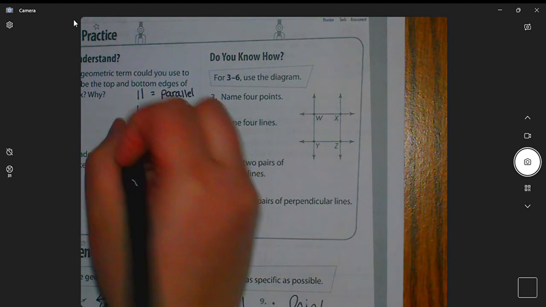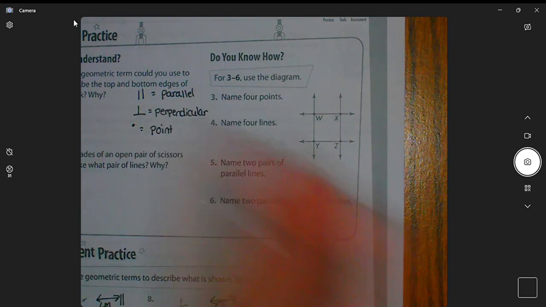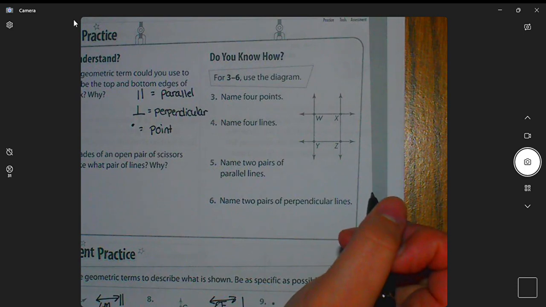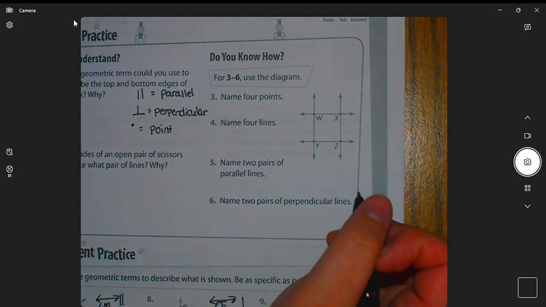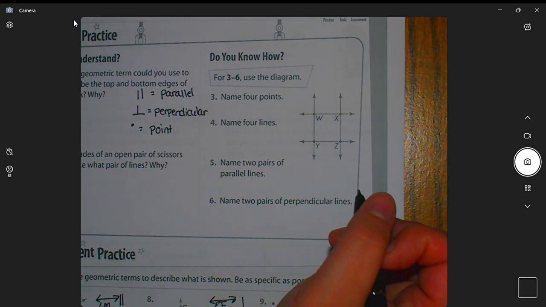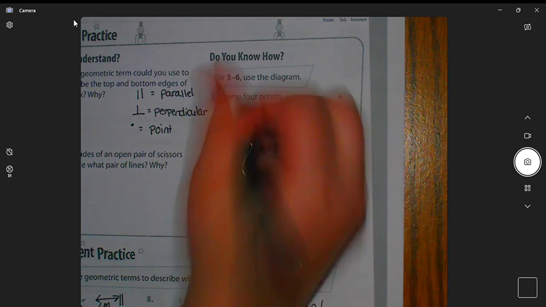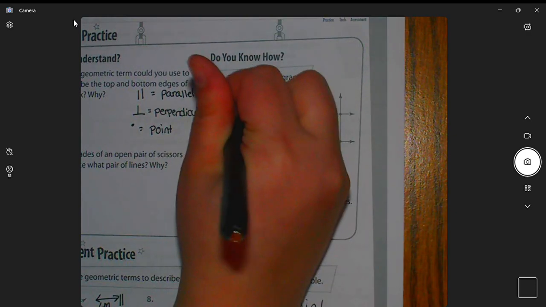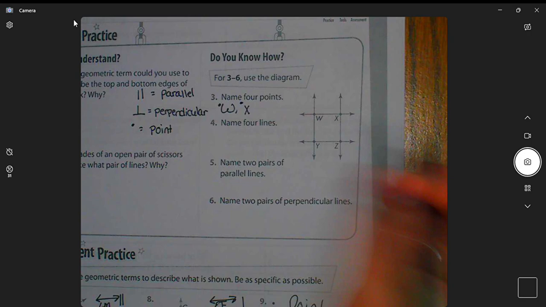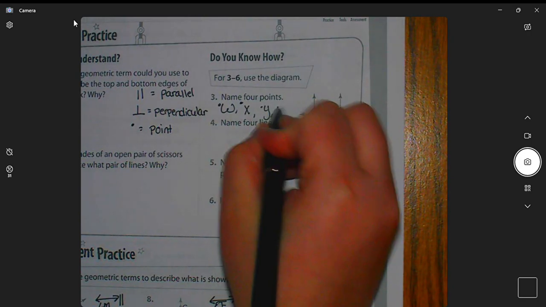And then a point just means a point. So number 3 says to name 4 points. What are the 4 points that you see? Yeah, it's just the letters. So point W, point X, and we're going to be as specific as possible, point Y, and point Z.